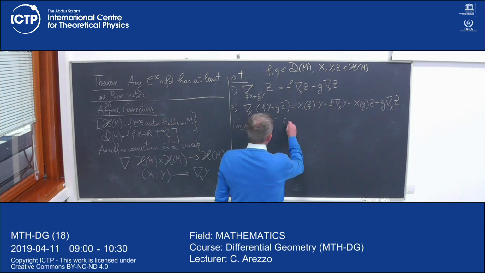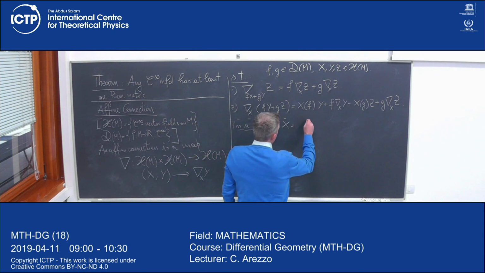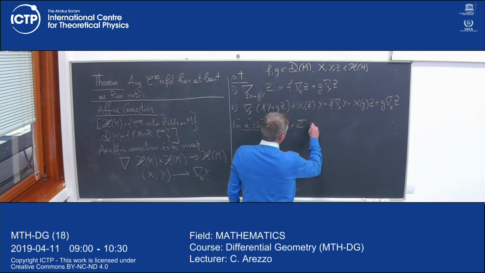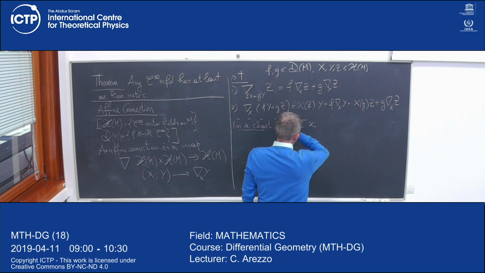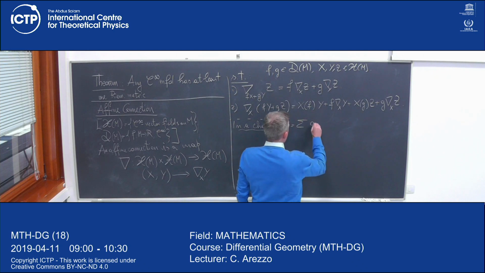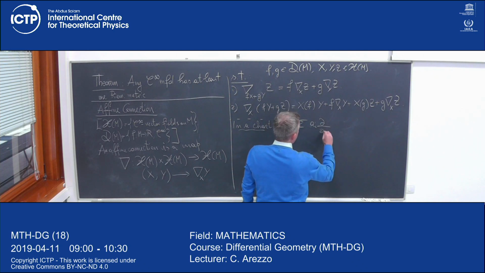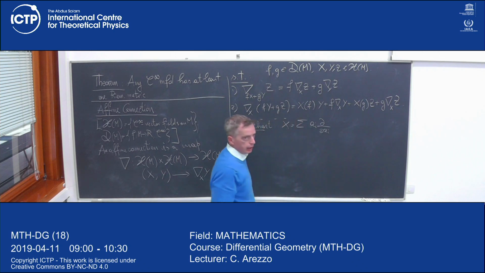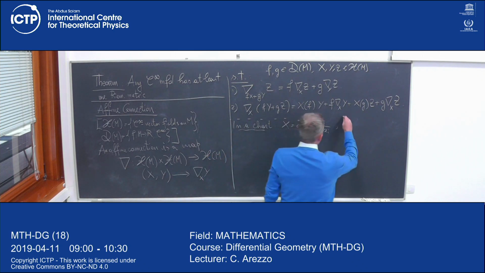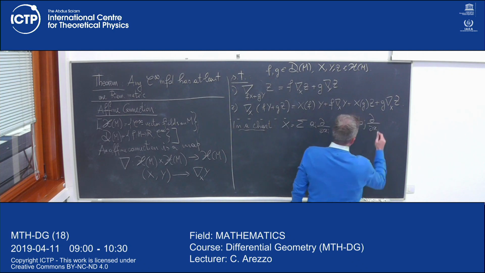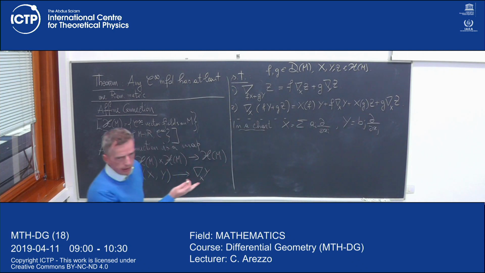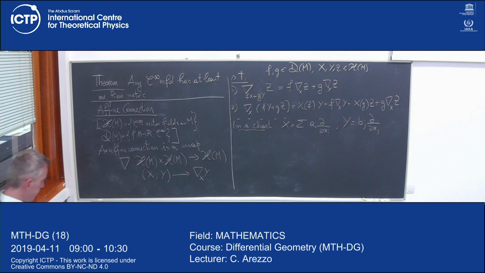That means x will be the sum of a_i d/dx_i, and y, let's say, will be the sum of b_j d/dx_j, for some choice of functions a and b, because these are really vector fields.